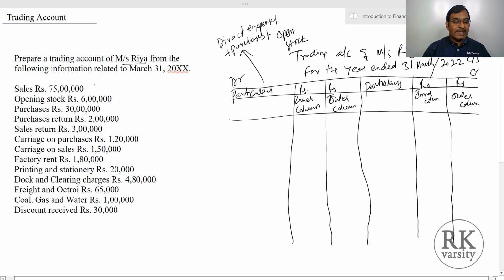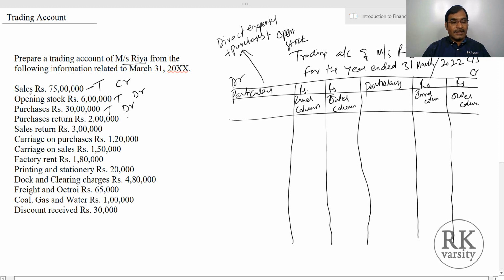Sales is shown in the trading account on the credit side. Opening stock is in the trading account on the debit side, because opening stock is the stock you have at the beginning of the period, which we sold during the year to generate our sales. Next, purchases is the direct expense that we incurred to purchase goods during this year, so it is in the trading account on the debit side.